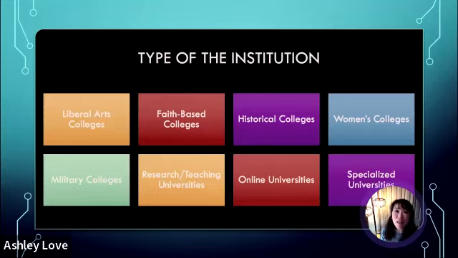And then specialized universities. There may be some universities where it's only for art or performance and art, for example. So there may be universities like that where only highly skilled students are admitted into those universities.